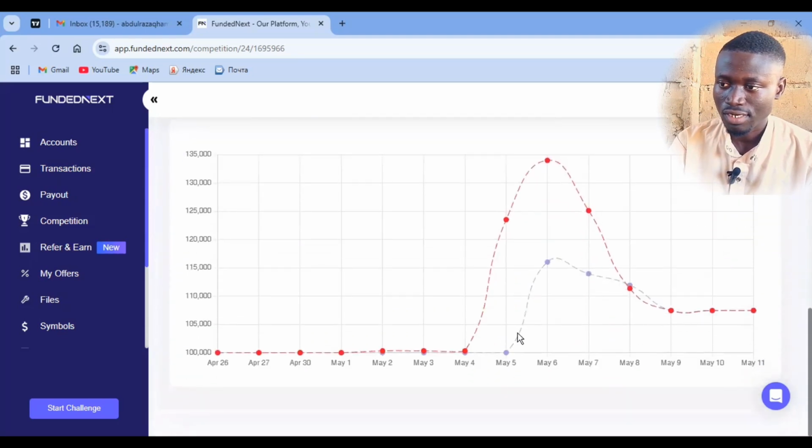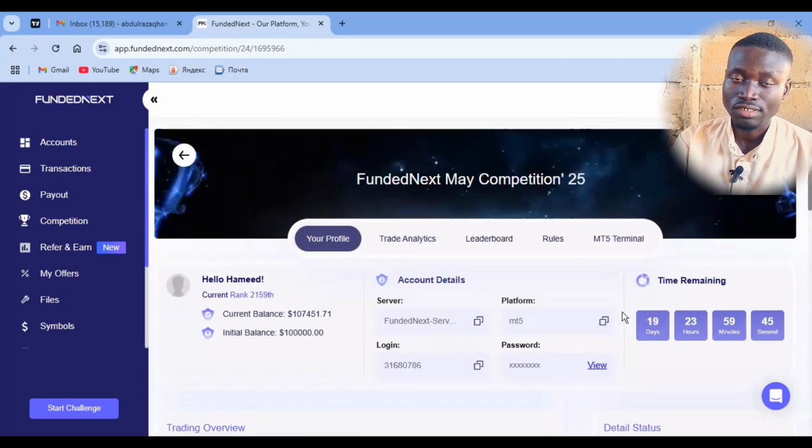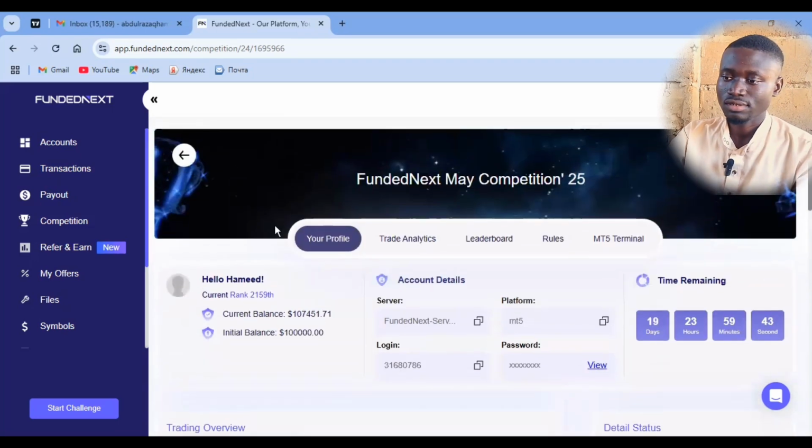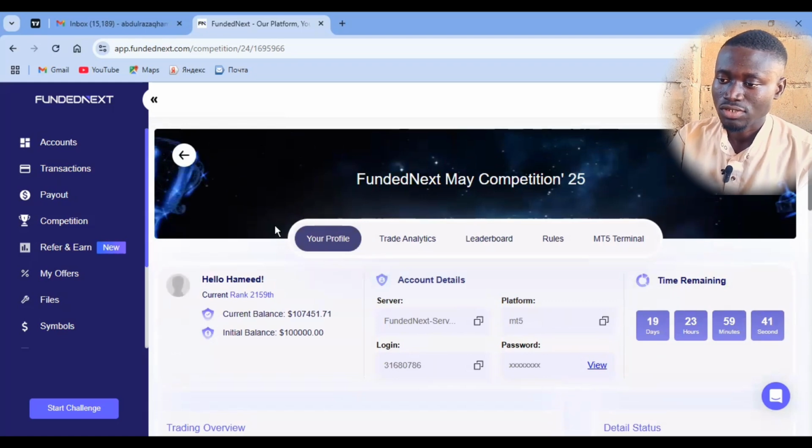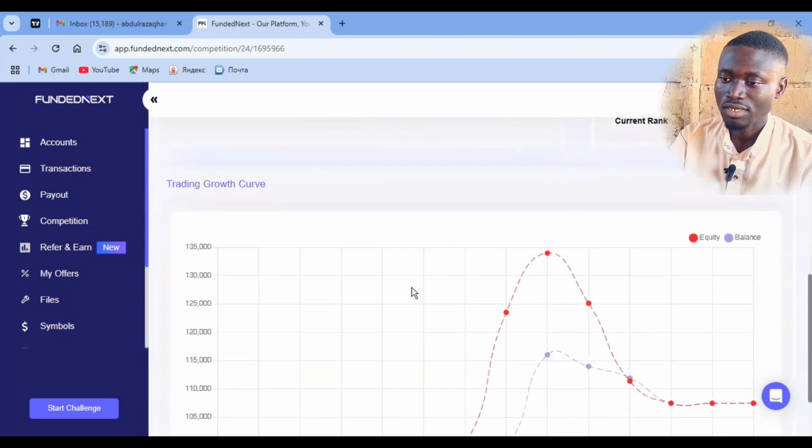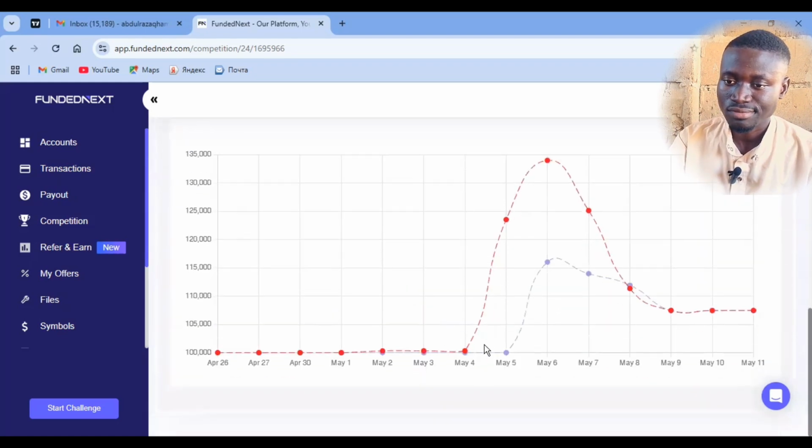This is the graph. What actually happened is I held that trade as a swing trade, and when I held the trade as a swing trade, my equity was around 33,000, and it dropped back.